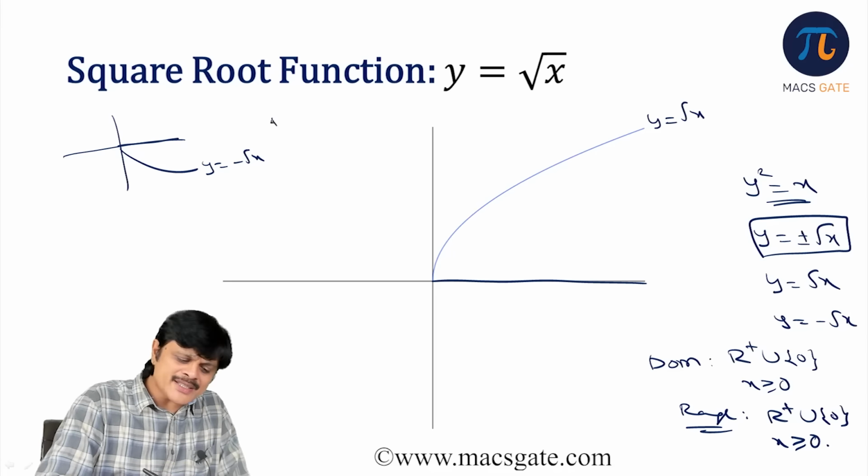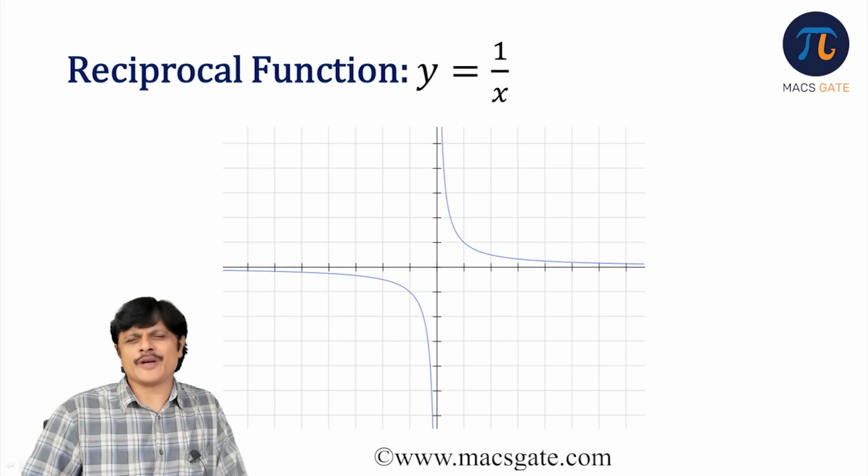The next one is the reciprocal function, y is equal to 1 by x. They also call it a rectangular hyperbola. So for this graph, x should not be 0, clearly we can understand this should be removed from the domain. Domain is R minus 0. And what about range, sir? It takes all values except 0.